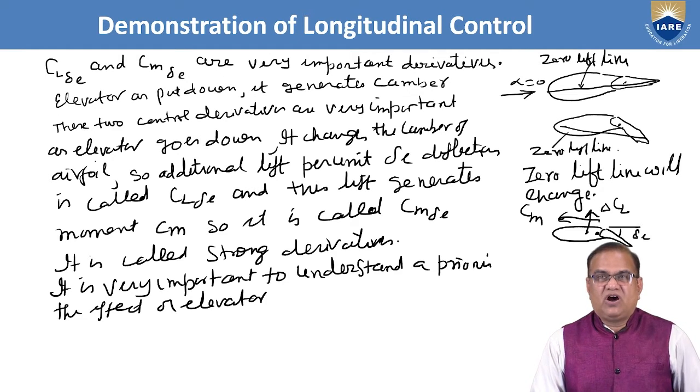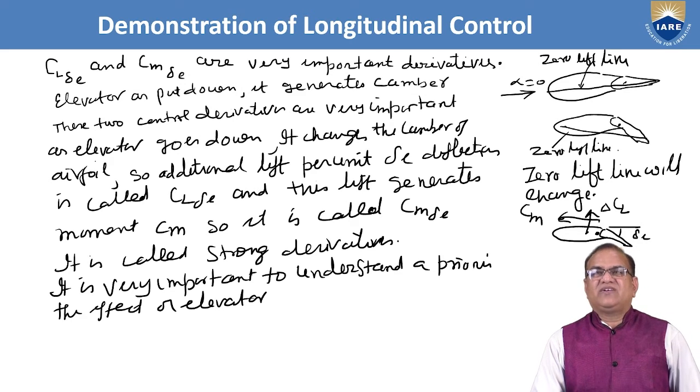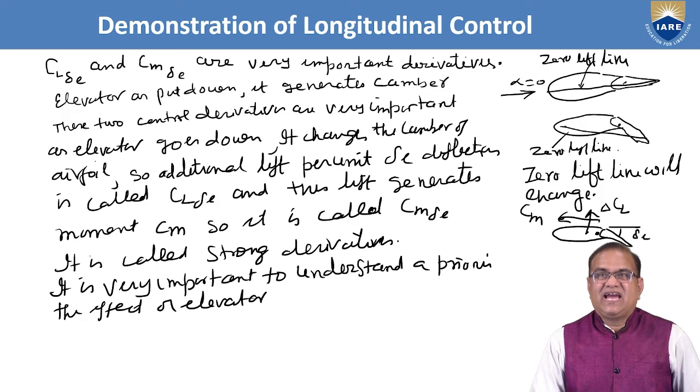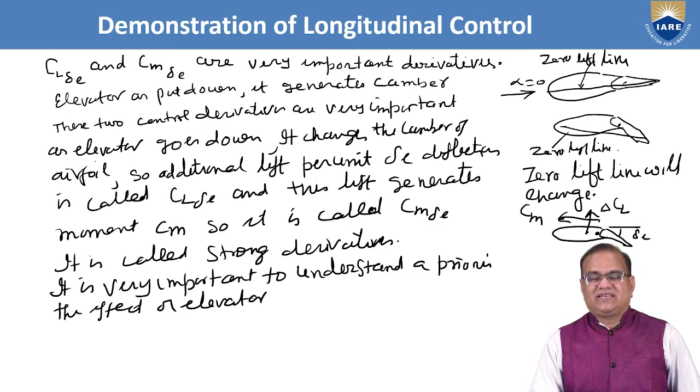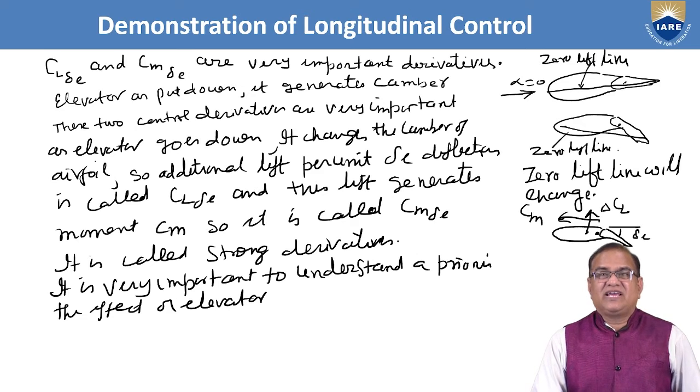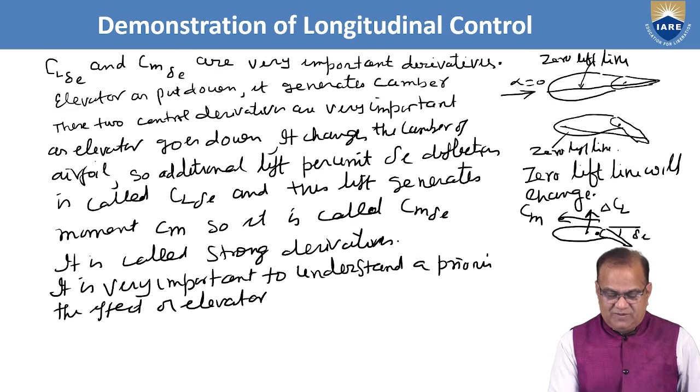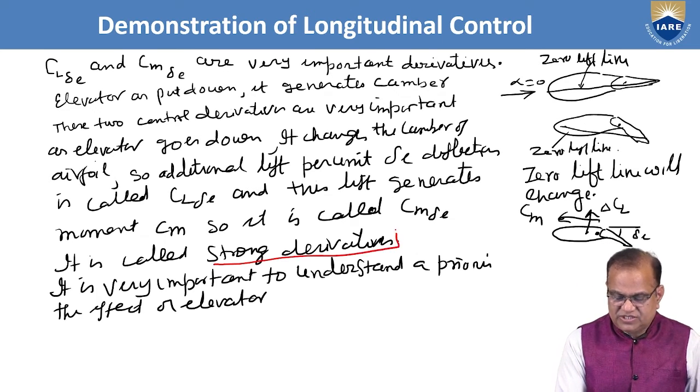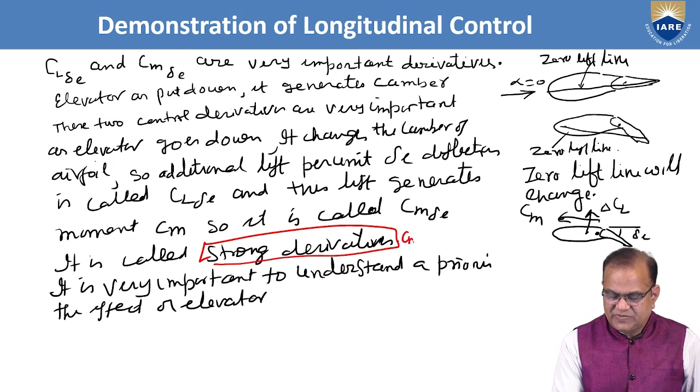As the elevator goes down, it changes the camber of the airfoil. So the additional lift per unit delta E deflection is called CL delta E, and this lift generates a moment CM, so it is called CM delta E. This CM delta E is called a strong derivative. So it is very important, this strong derivative CM delta E.